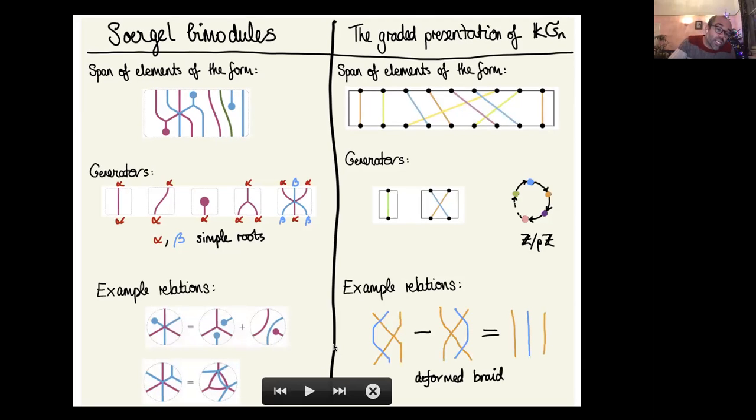And then there are relations. And my point here was simply that, on the right-hand side, example relations, well, it's not the symmetric group. It is something graded and new and exciting. But it looks a bit like the symmetric group, doesn't it? We've got something that looks like the braid relation here, except that there's an error term.